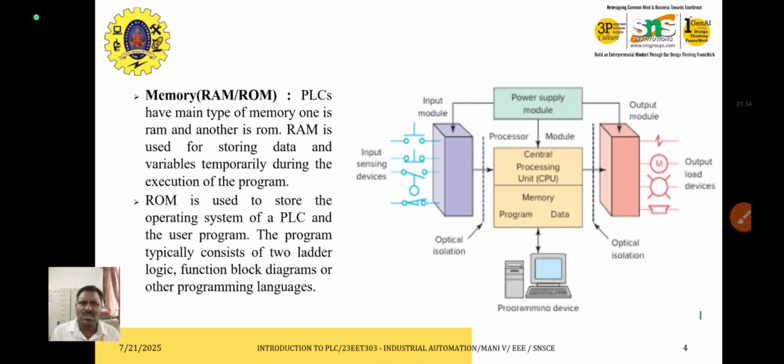The RAM is used to store the data and the program memory used for execution, and the ROM is used to store the operating system of the Programmable Logic Controller and other information. The ladder logic, functional block diagram and other programming languages can be stored here.